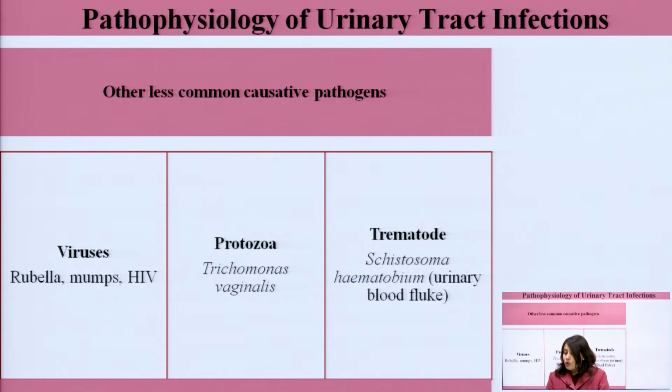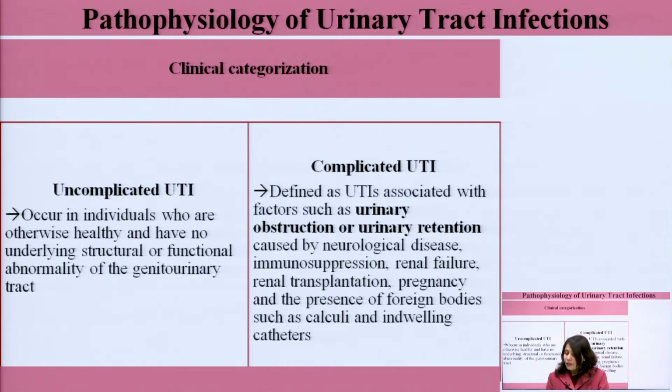The protozoan that causes urinary tract infection is Trichomonas vaginalis, and the trematode is Schistosoma haematobium, also known as the urinary blood fluke.